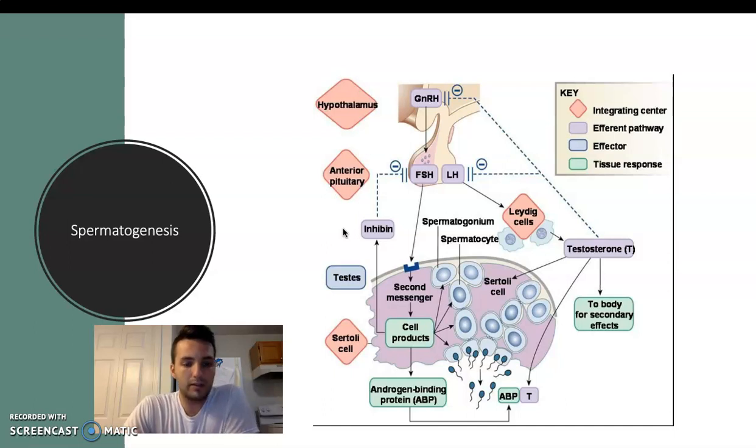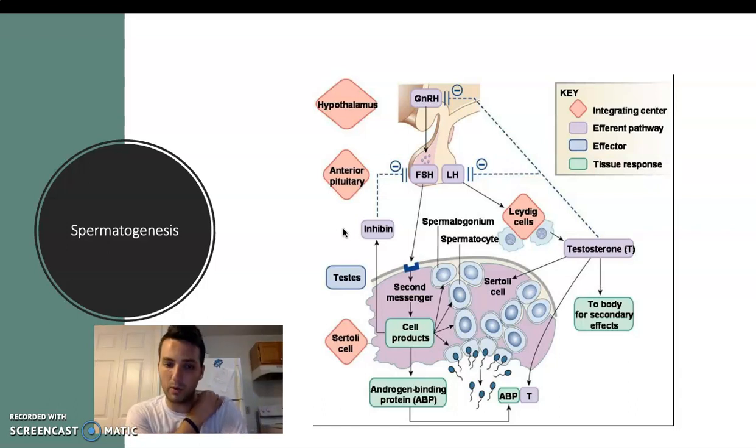So let's focus on the male pathway first. How I did this is I broke it down from male to female and then brought it all together in implantation and early embryonic development. As we already know, gonadotropin releasing hormone released by the hypothalamus goes down the stalk of the pituitary to the anterior pituitary, which then releases the two hormones, FSH and LH.